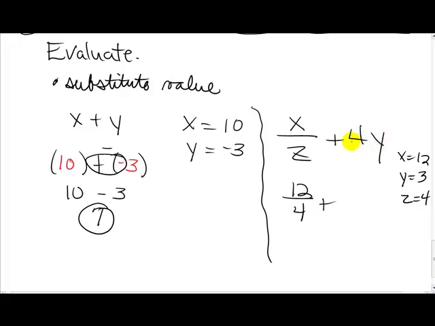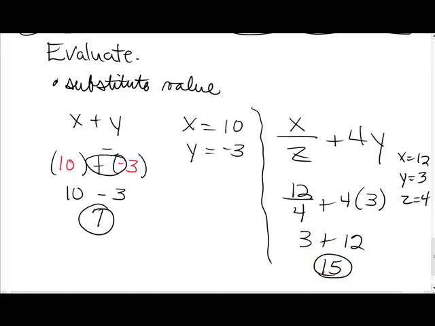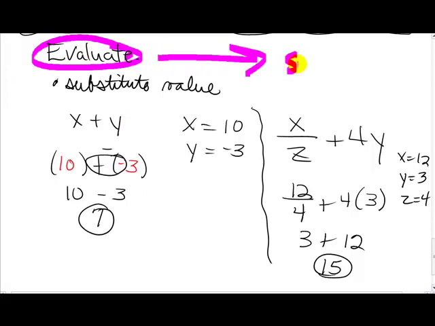Now, because this is multiplication, it'll be helpful to put that parentheses to remind me that I'm going to multiply times 3. 12 divided by 4, 4 times 3, and then we add everything together to finish it out. So the word is evaluate. It also sometimes just means solve or simplify. So here we're using it to substitute the value.